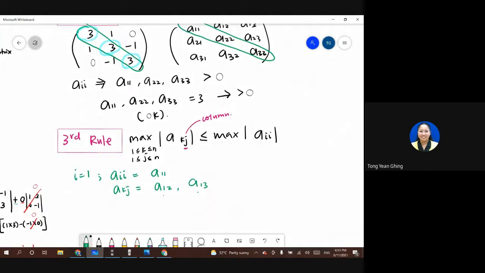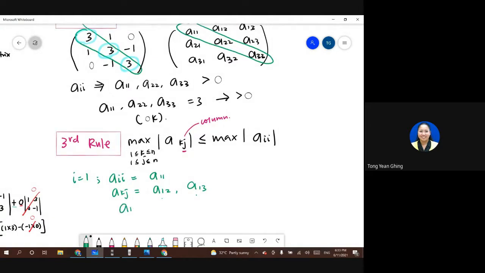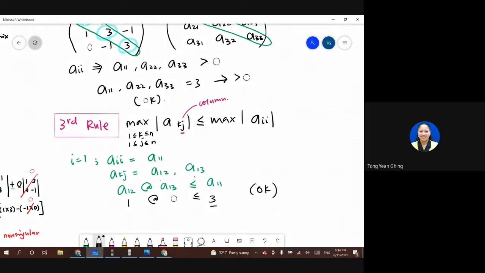A12 is this one, A13 is this one. So either 1 or 0 has to be smaller than A11, which is 3. So this one is okay because A11 is bigger.